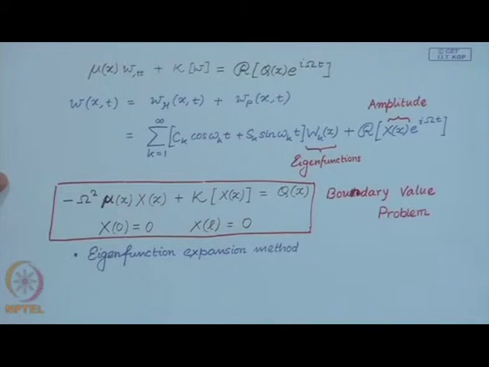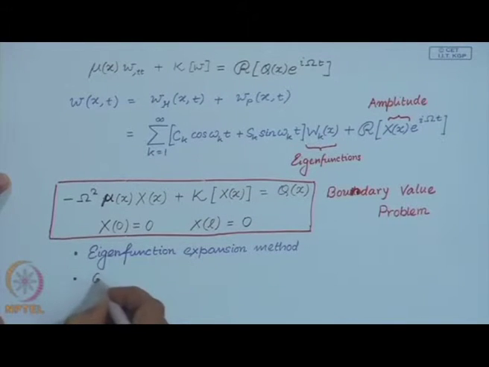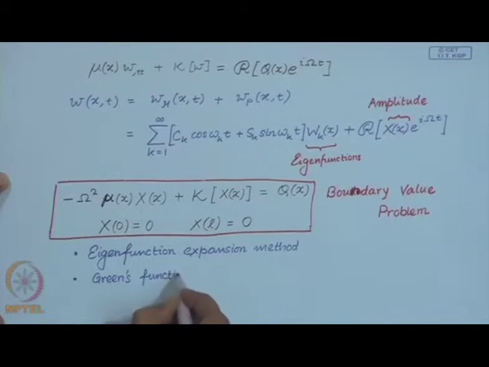So, you can represent any shape using these eigenfunctions, as we have done even for the homogeneous solution. So, this eigenfunction method is one of the methods that can be used to solve this boundary value problem. The other is the Green's function method.